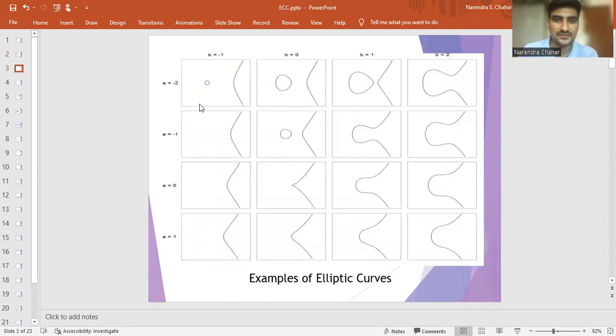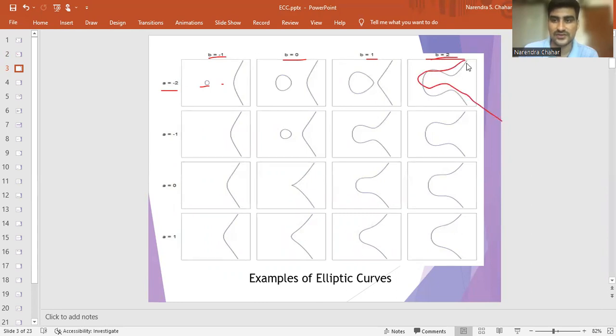These are some examples of elliptic curves, just like a is minus 2 and b is minus 1 here, b is 0, b is 1 and b is 2. When we are increasing the b, the curve goes like this.